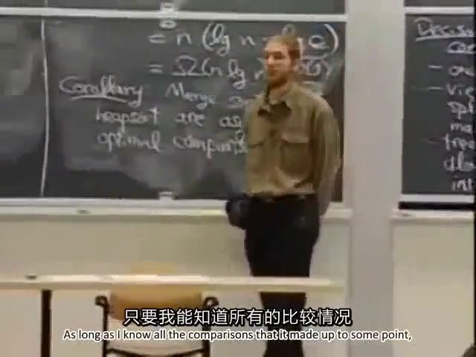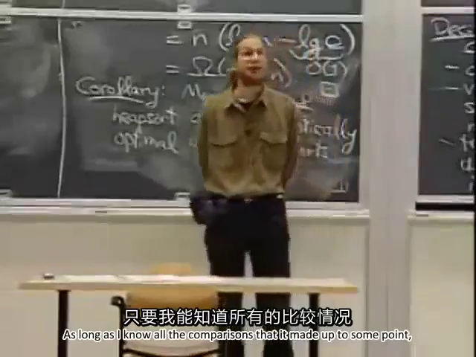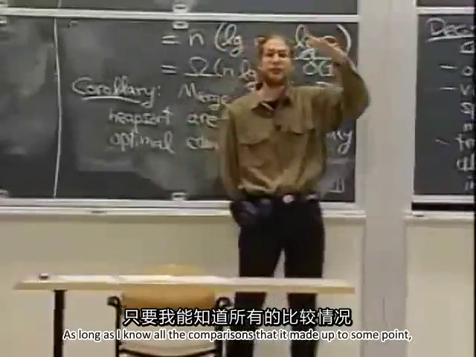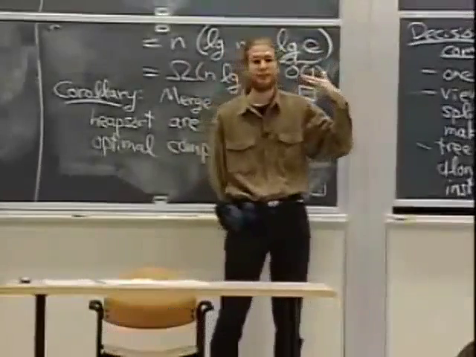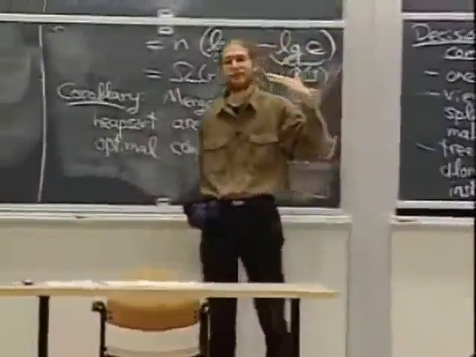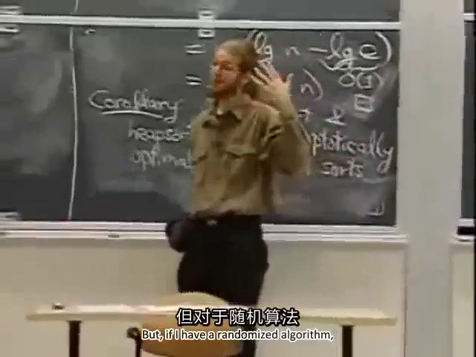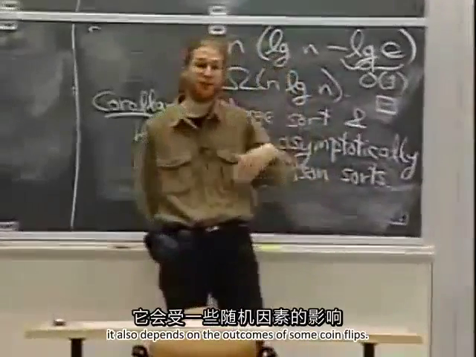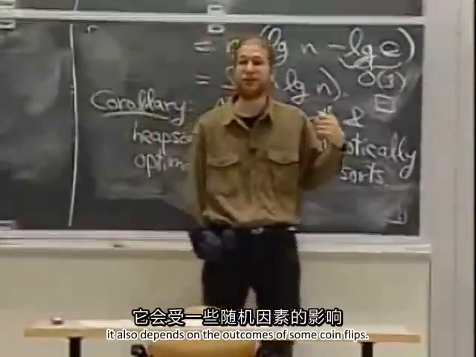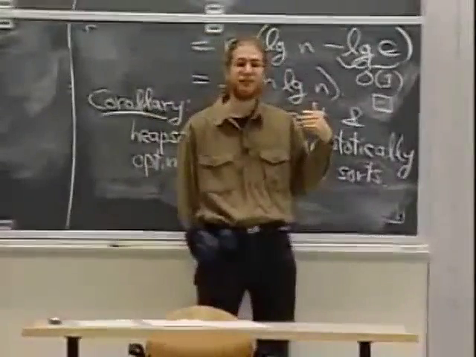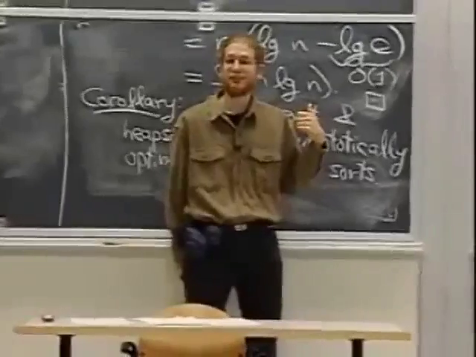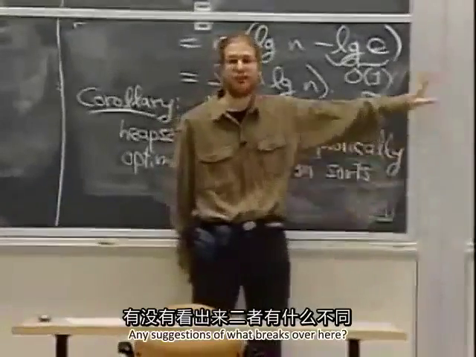So as long as I know all the comparisons that it made up to some point, it's determined what that algorithm will do. But if I have a randomized algorithm, it also depends on the outcomes of some coin flips. So any suggestions what breaks over here?